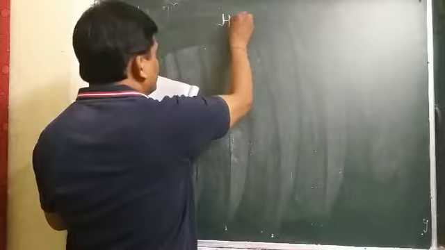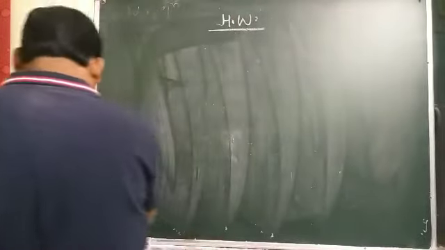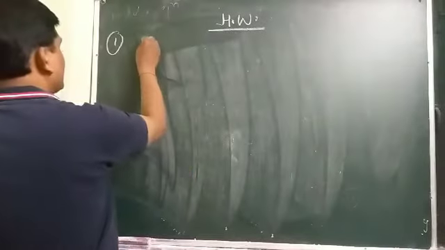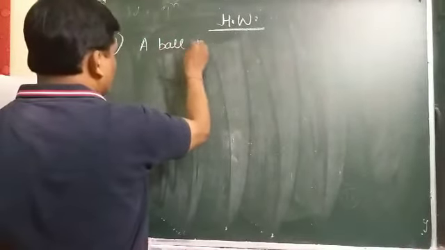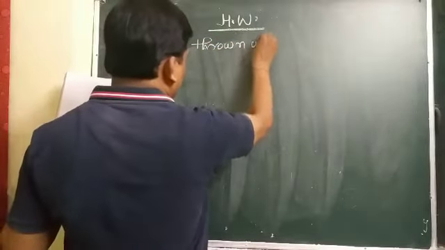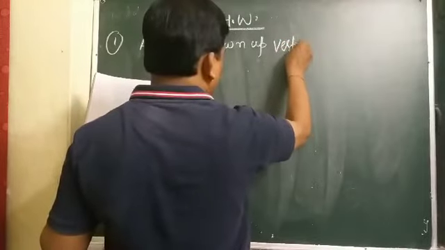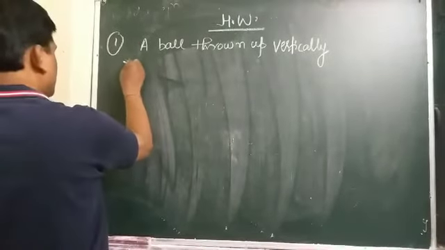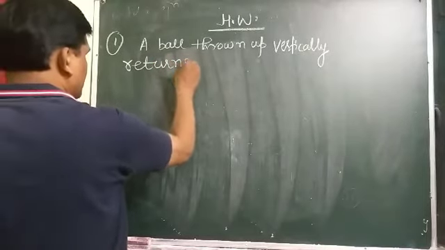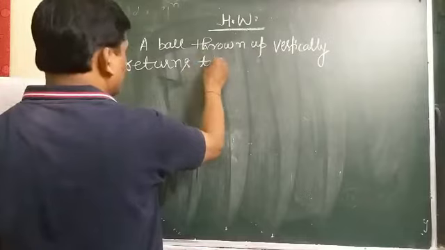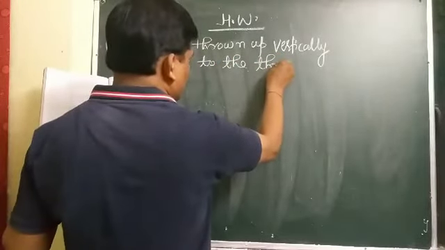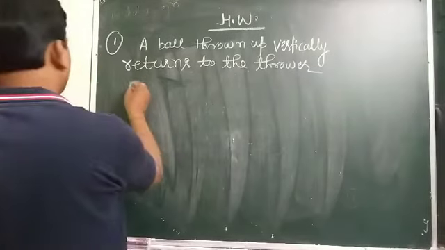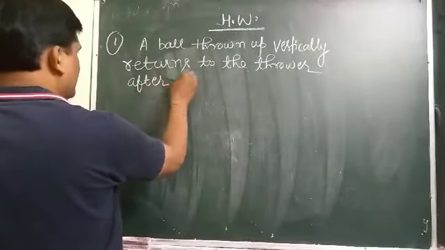Homework question: A ball thrown up vertically returns to the thrower after 6 seconds.